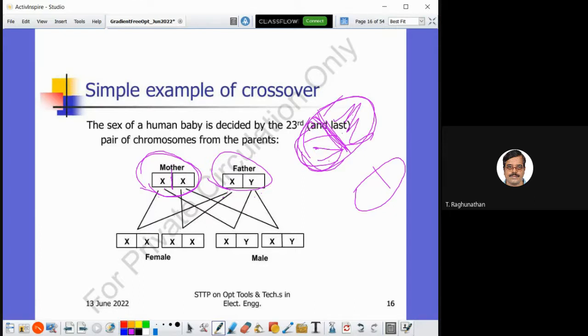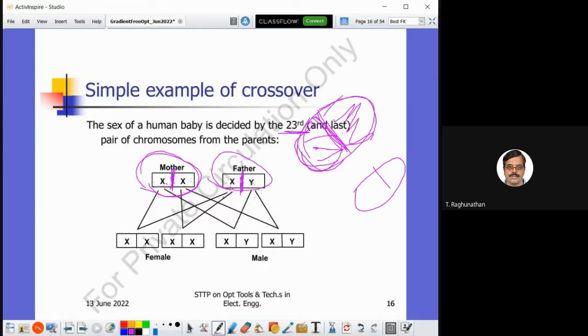So here you think of how these contributions come for deciding the sex of the child, which is decided by the last one in the 23rd pair of chromosomes. Mother has XX, father has XY. The only place where they can separate is in the middle. So mother produces two halves, X and X, father produces two halves, X and Y. Either X from the mother can join with the X or the Y from the father, thereby producing a child.